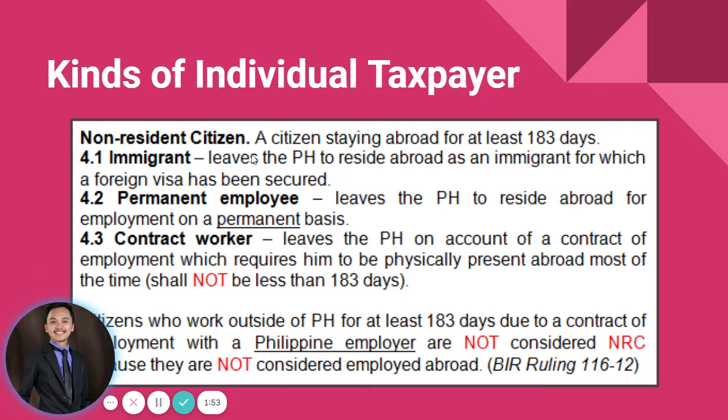Obviously, when we talk about non-resident citizens, these are citizens staying abroad for at least 183 days. Meaning, you are a Filipino individual but not living in the Philippines. Or again, a citizen who is abroad for at least 183 days or the majority of the days in the year is considered a non-resident citizen.